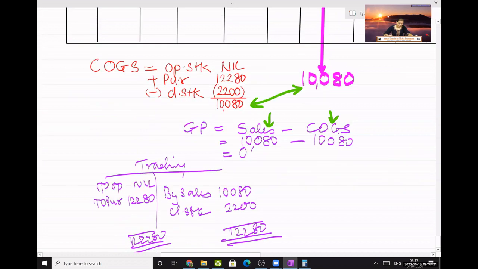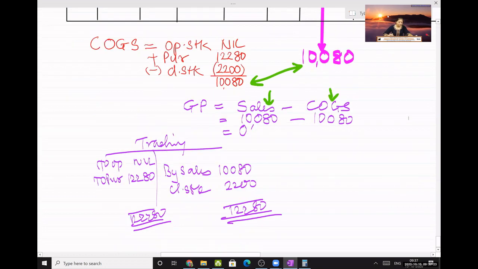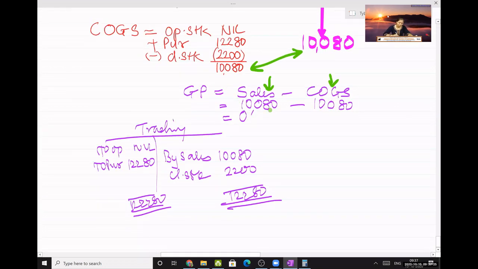Even if you make a trading account of it, you can cross check the answer. You put the formula, and when you make the trading account, it will tally. You will not get gross profit. See, trading account: to opening nil, to purchases on the debit side 12,280. Sales 10,080. Closing stock 2,200.